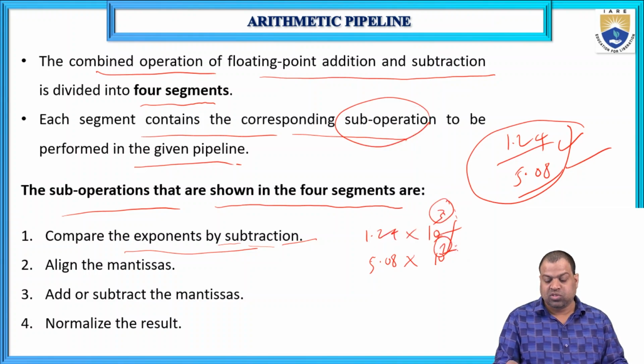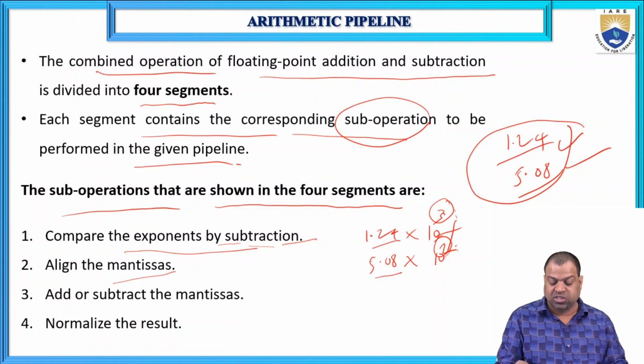Okay, so we have to change this to 10 cubed, or either one. If both exponents are equal, then only addition and subtraction is possible. So both exponents should be balanced and equal, otherwise addition or subtraction cannot be performed. And align the mantissa. So here 1.24 is there, here 5.08 is there. After the decimal point, before the decimal point, only 1 digit, here also only 1 digit.